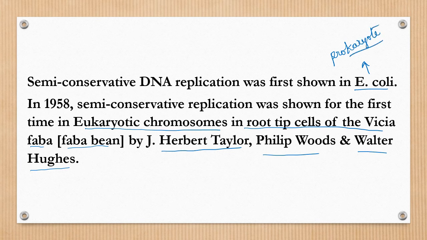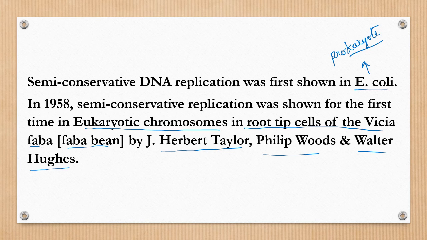So semi-conservative DNA replication was shown in prokaryotes by Meselson and Stahl, and in eukaryotes by Herbert Taylor, Philip Woods and Walter Hughes.